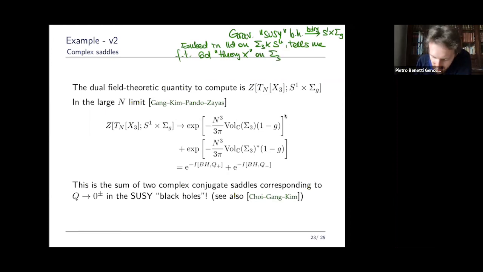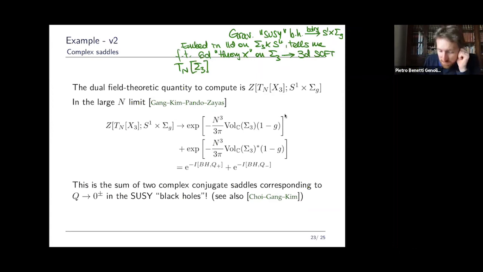This theory goes to a 3D superconformal field theory called Tn sigma 3, because, as I said, it is an unexpected relation that it only depends on the topology of sigma 3.